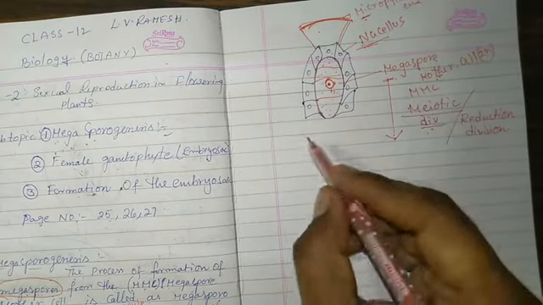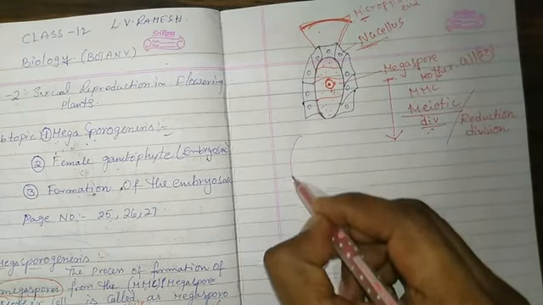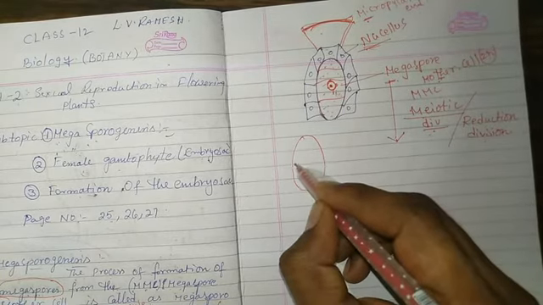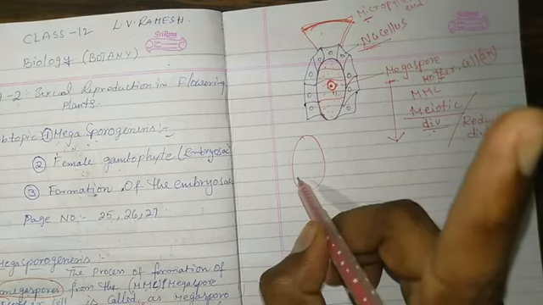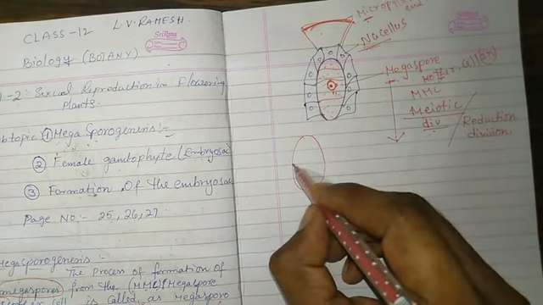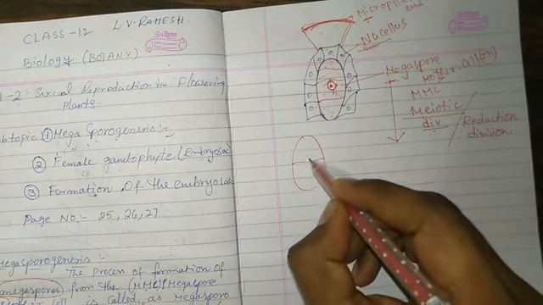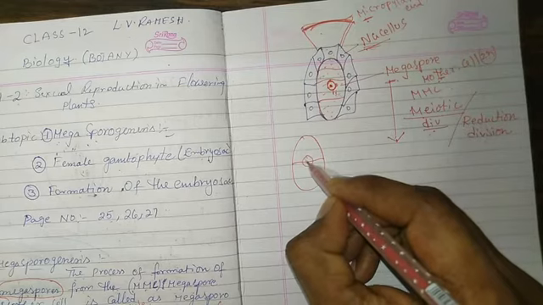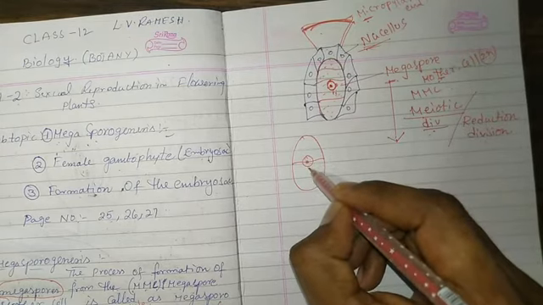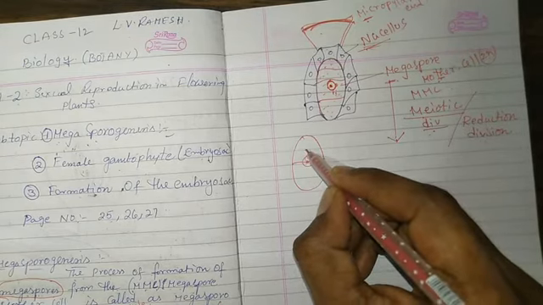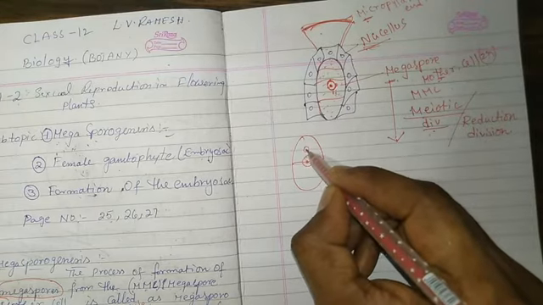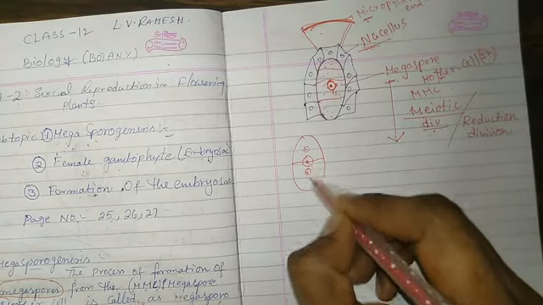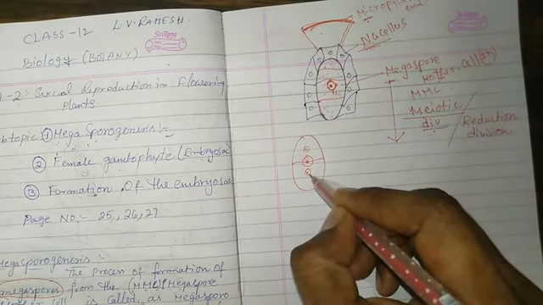In the first division, suppose this is the megaspore mother cell. It divides into 2, and the nucleus also divides into 2 equal halves, one daughter nucleus moving to one side and another to the other side. Then 2 megaspores are formed at first.